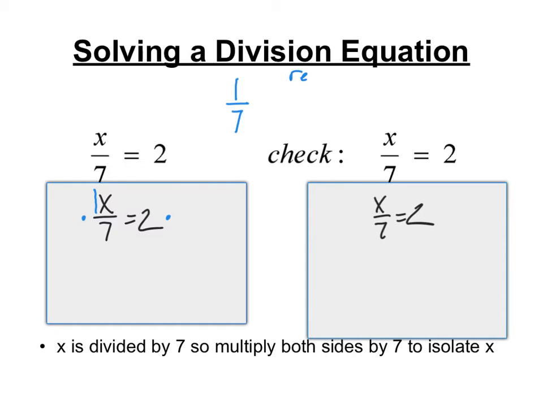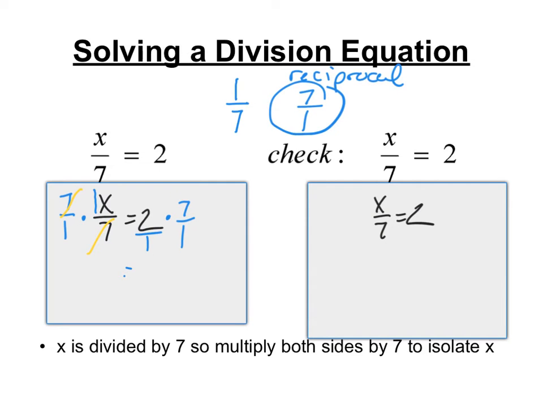And the reciprocal of 1/7 is 7/1. So I'm going to multiply both sides by 7/1. Now I'm going to put a 1 under the 2 so that I'm looking at this as fractions. So if I do my math out, I have 7/1 times 1/7, and these are going to cancel out.